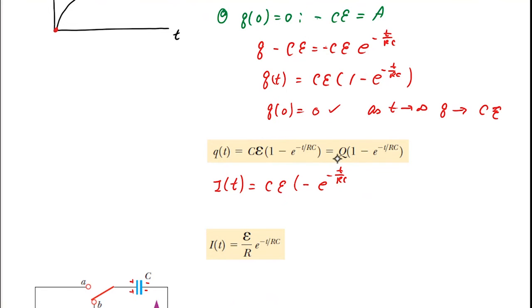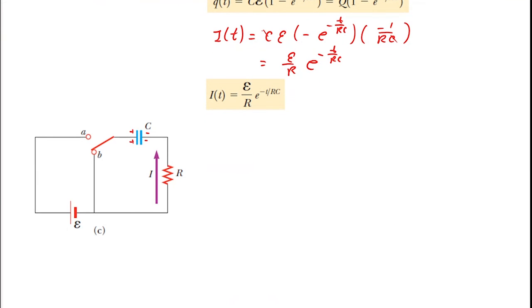And the chain rule, right? Then you multiply it by negative 1 over RC. You know what I'm saying? And the C's cancel, negative signs cancel, so you get E over R times e to the negative t over RC. How about that? So that's what this is.